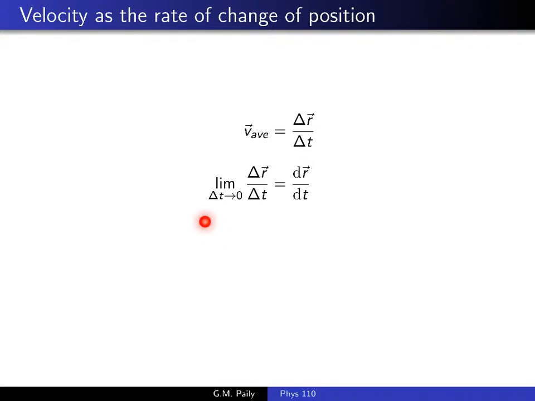If we now shrink that time interval, this ratio, delta r over delta t, eventually becomes the derivative, dr over dt. This process of taking the limit is something you will learn in calculus. You can also refer to some of the background slides available in Sakai.